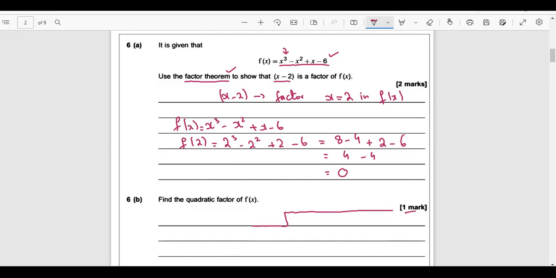Yes, Madhiha, are you able to do it? Yeah, 1 second. Sure, sure.